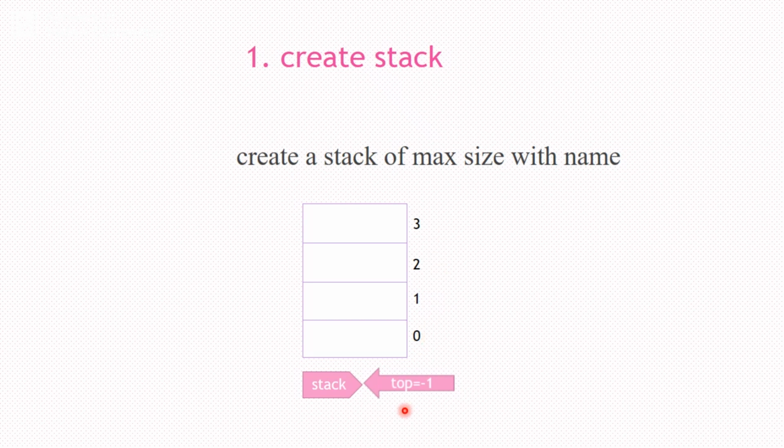And top, as I said, is not pointing to any particular array location or stack location, because for the time being it is empty. So you can remember that when a stack is empty, top has to be -1. So top equal to -1 is an indication of an empty stack.